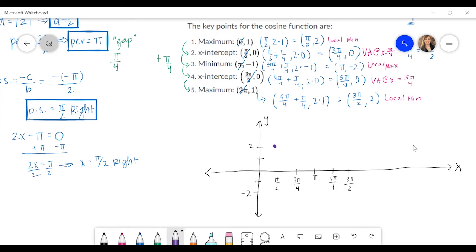Then we've got a vertical asymptote or an intercept, so they kind of double depending on the graph we're talking about, if we're talking about cosine or secant. This goes down here, and then another vertical asymptote, and then this goes back up. And hopefully you can look at that and you can see the graph of cosine.